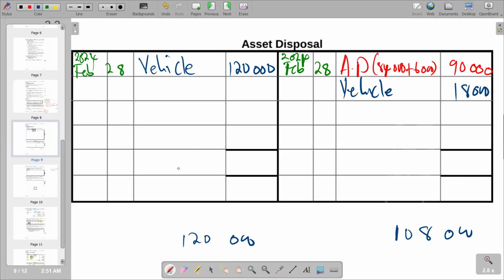So it means the debit side is greater, and the balancing figure goes on the credit side, between the double lines, and is supposed to be transferred to the profit and loss. 120,000 minus 108,000 gives a balance of 12,000.